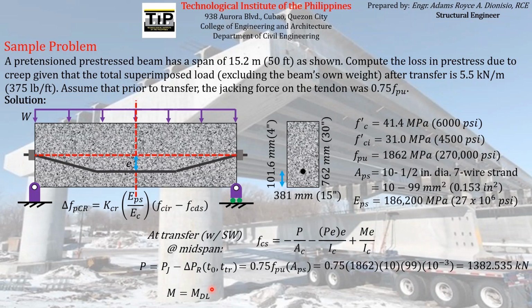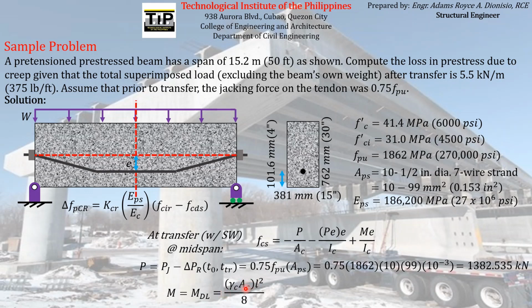Although we don't actually know the magnitude of W, we can compute it by utilizing the unit weight of concrete. We just have to multiply it to the cross-sectional area of the concrete.